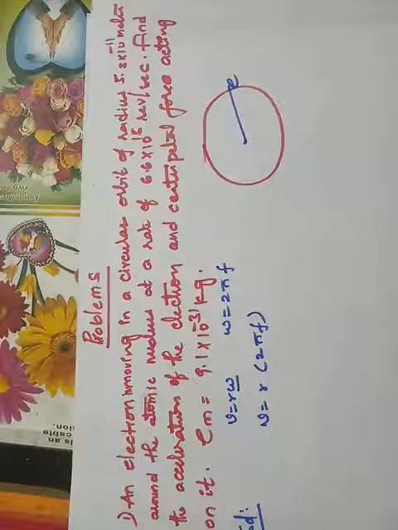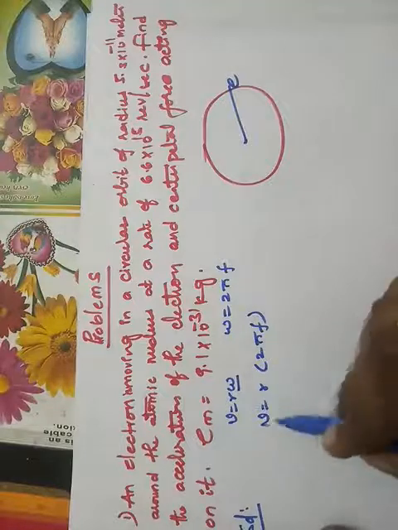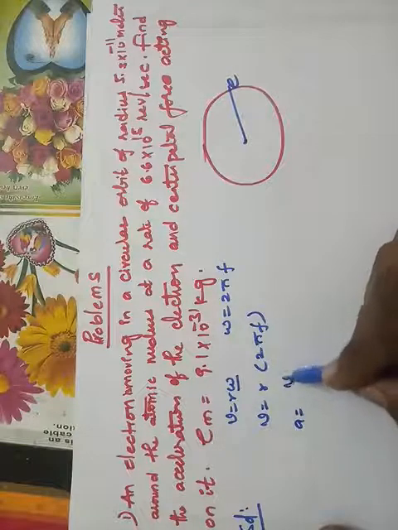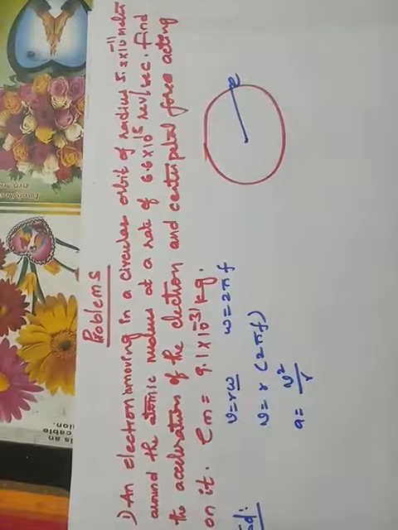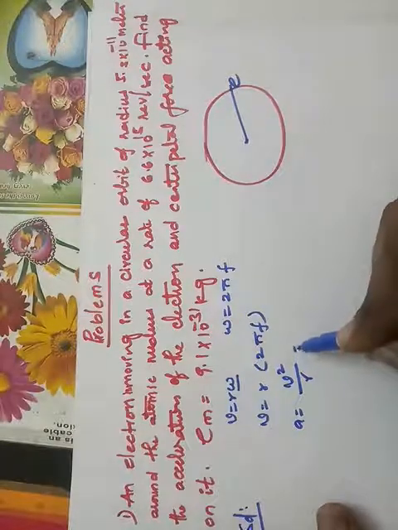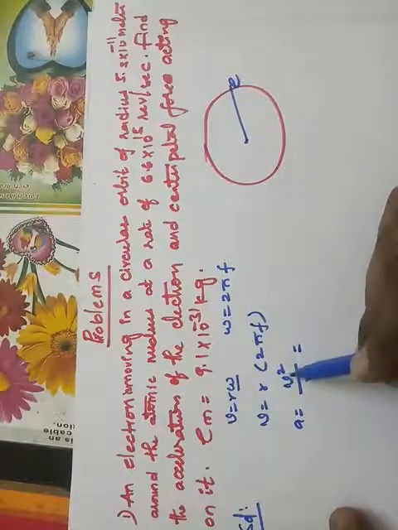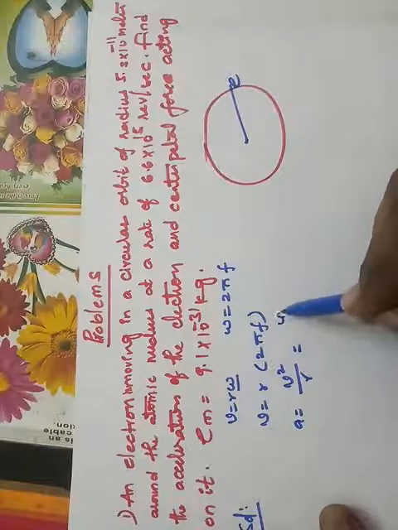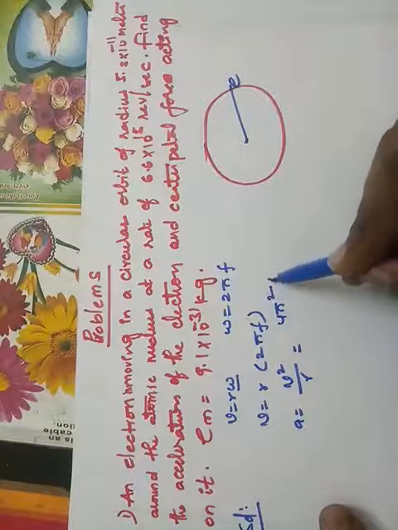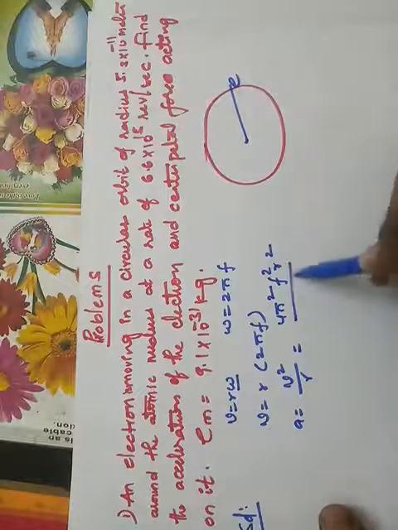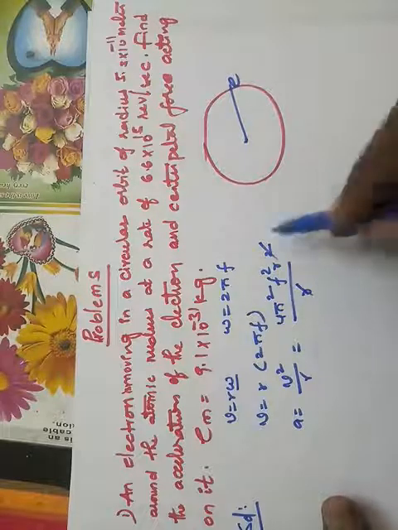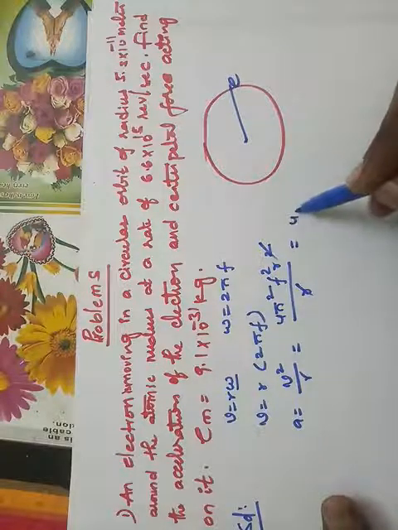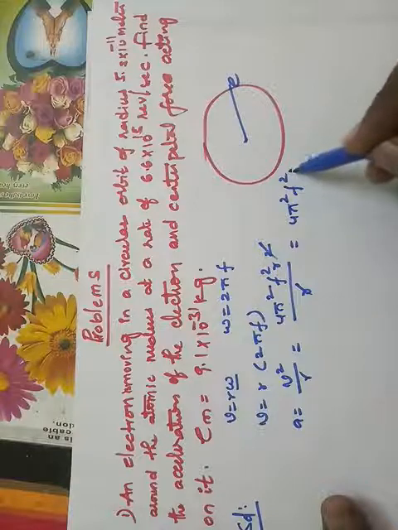And one more thing, the acceleration can be written as A is equal to V square by R. Substitute the V value here. Then what do we get? V squared will be 4 pi square f square r square by small r. Now r cancels, and then we get 4 pi square f square r.